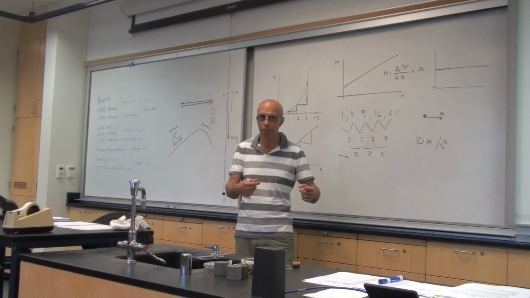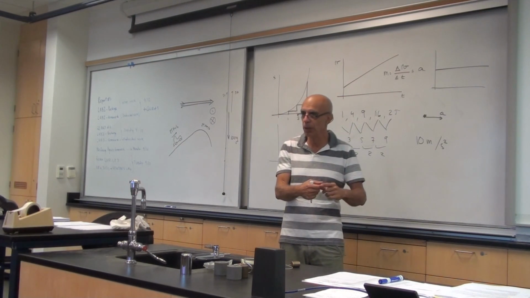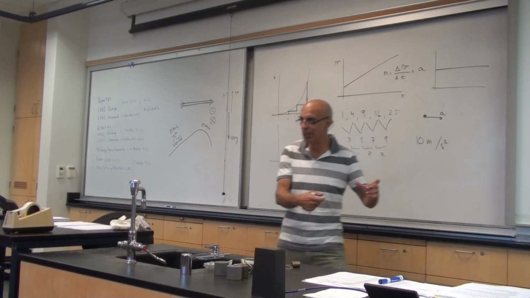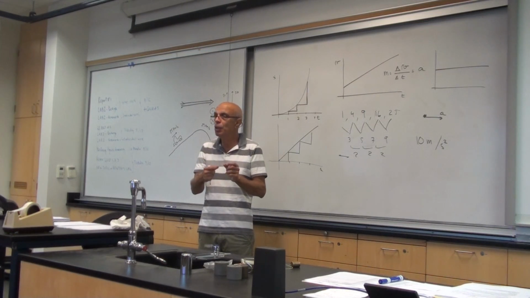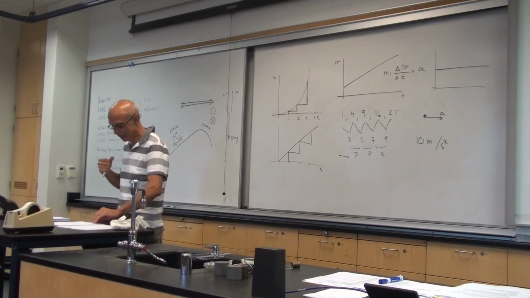One second later, my speed is already 15 meters per second. The next second is going to be 25. Because I add 10 meters every second, the speed is increasing by 10 meters. Is that okay?